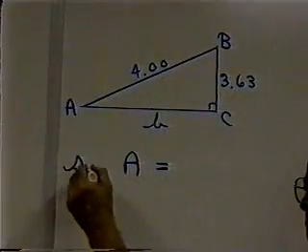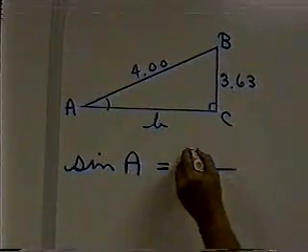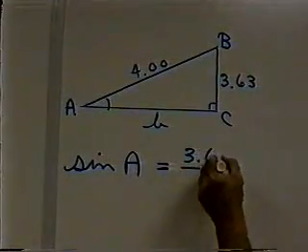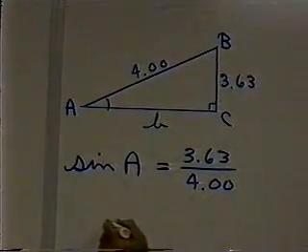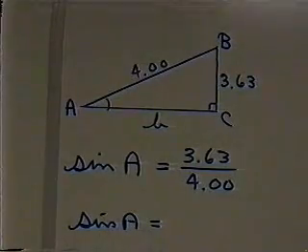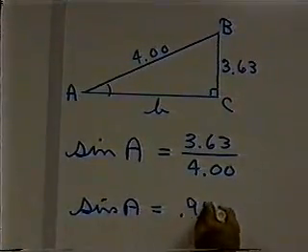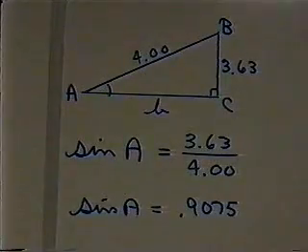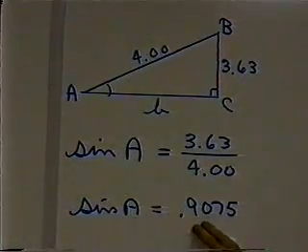So the sine of angle A is the side opposite over the side adjacent, and we calculate that. The calculation of that is 0.9075. The sine of A is 0.9075.